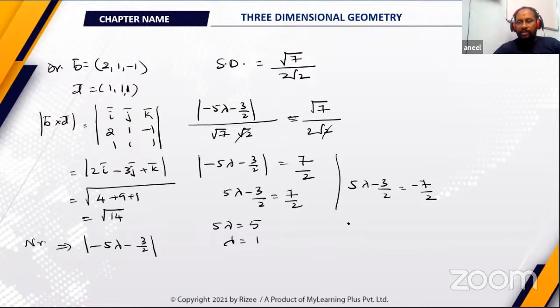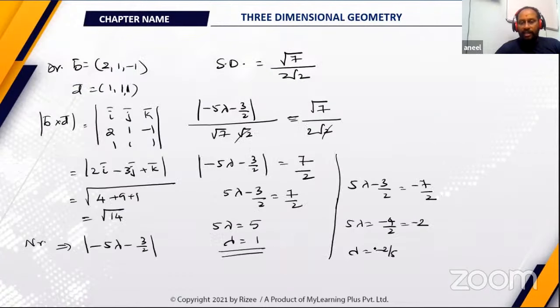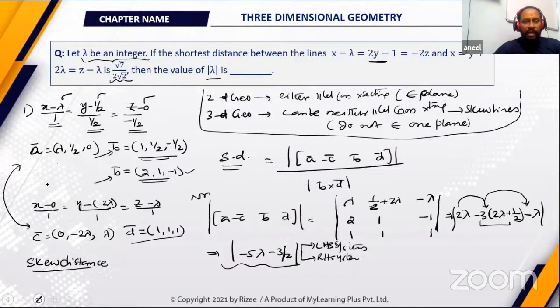And in this case, 5 lambda is equal to minus 7 plus 3, minus 4 by 2, minus 2, so lambda is going to give you minus 2 by 5. Now what you can observe again in this question: he is asking that lambda is an integer and mod lambda is being asked. So lambda is an integer. This is an integer, this is not an integer, so you select this. So what would be the answer? Mod lambda will be equal to 1.